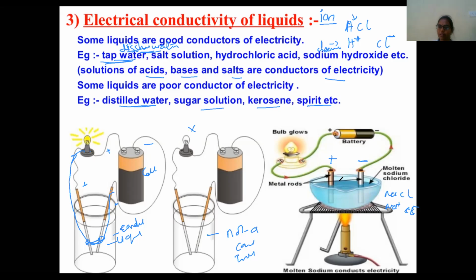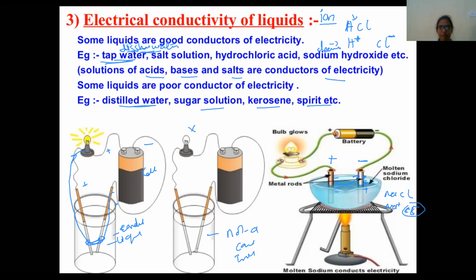All Na plus ions, when they split, will come and be deposited on the negative terminal, because opposite polarities attract, and all Cl minus ions will come and be collected on the positive terminal. So like this we separate the metals using this electrolysis process.